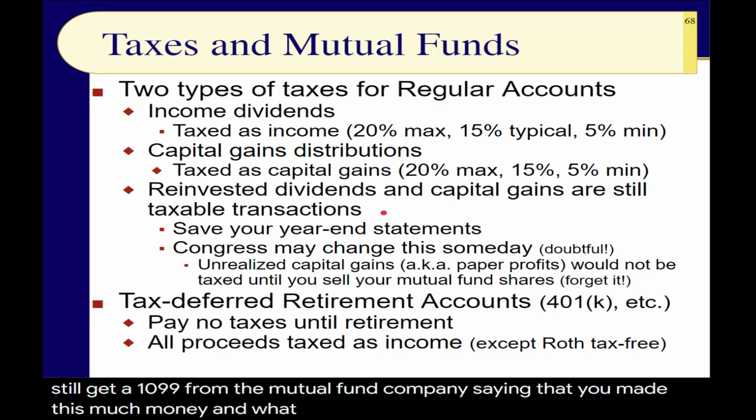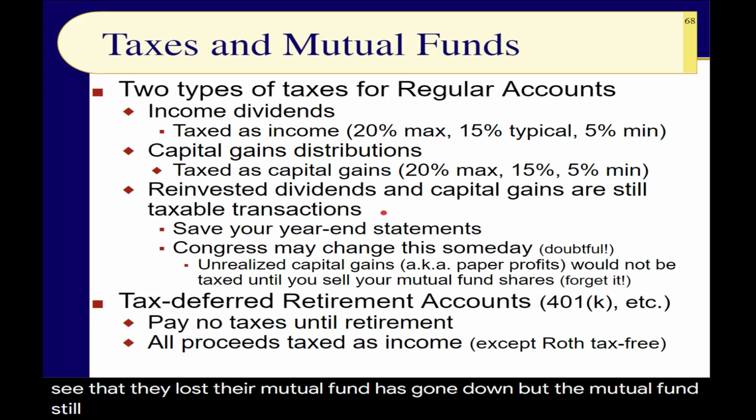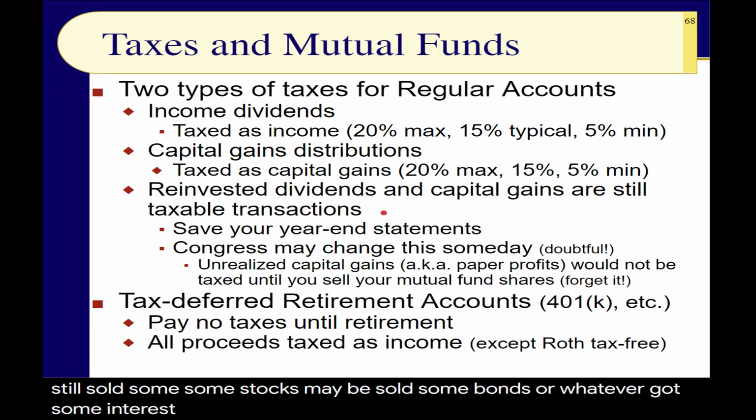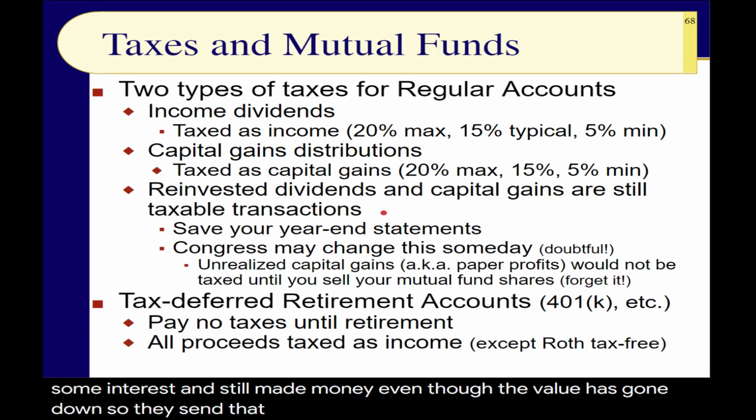And what happens is, especially in a down year, people see that they lost. Their mutual fund has gone down, but the mutual fund still sold some stocks, maybe sold some bonds or whatever, got some interest, and still made money, even though the value has gone down. So they send the investor a 1099, and the investor has to pay taxes on that.